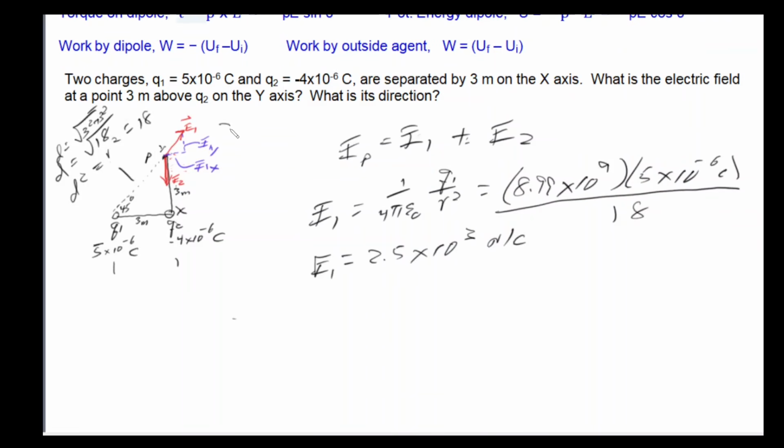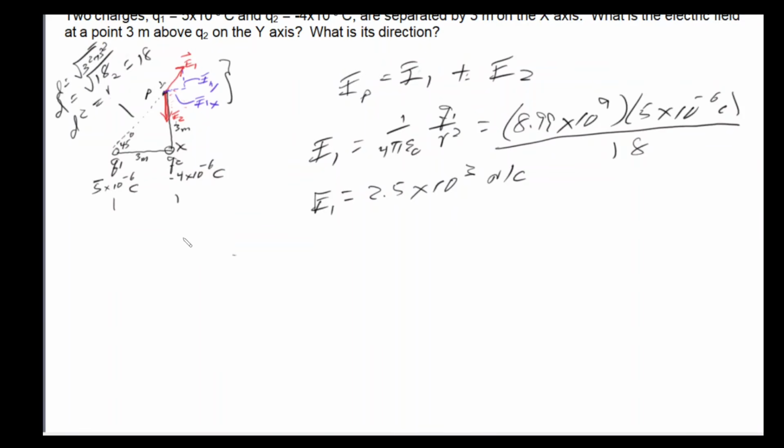Now, you can see up here that the electric field has a direction in the x and y axes. So we need to break that down to add the vectors. So E1 is equal to E1x times unit vector i plus E1y times unit vector j. So that's equal to E1, 2.5 times 10 to the third, times cosine 45 degrees.